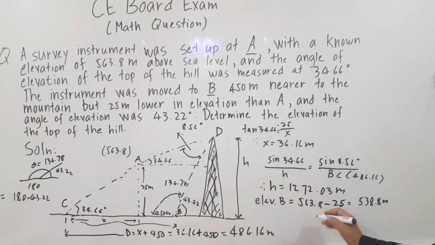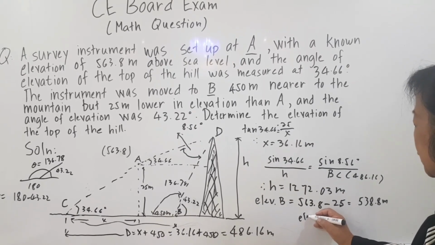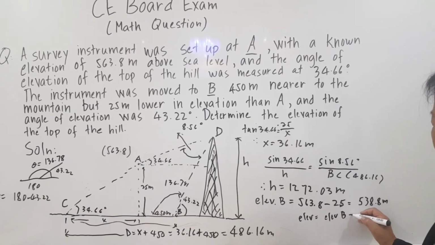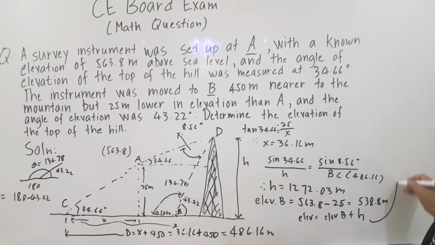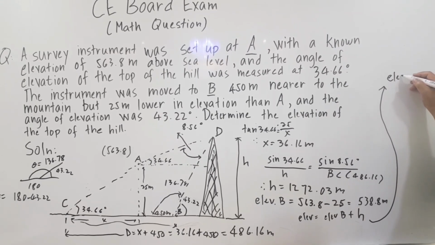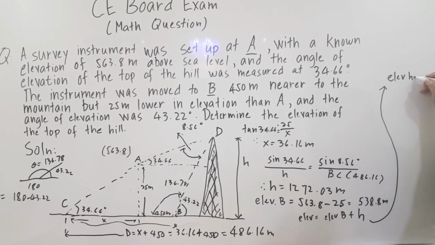Now, the elevation of the top of the hill is equal to the elevation of B plus the height, which is 538.8 plus 1,272.03.